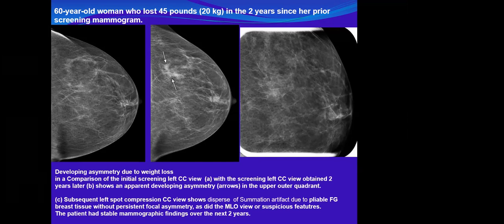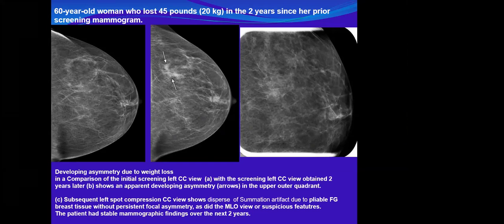Yes, you are right. It is spreading; there is no underlying mass, no distortion, no calcification, no suspicious features. The only thing is spreading tissue. So it's not rigid, it's not fibrotic. It shows some change. Okay, so we are dealing with fibroglandular tissue, and this developing asymmetry is due to the weight loss. See? In comparison with the initial mammogram from 2 years ago, there is an apparent developing asymmetry in the upper outer quadrant.